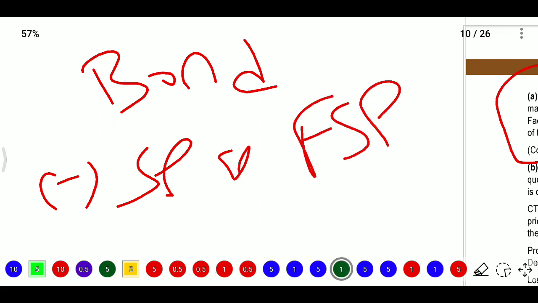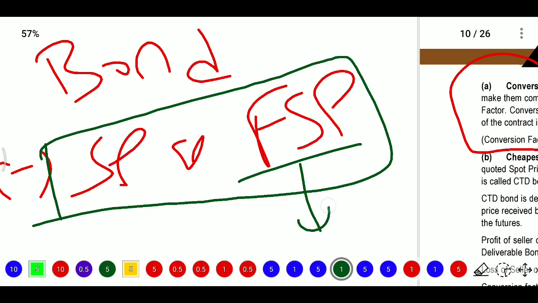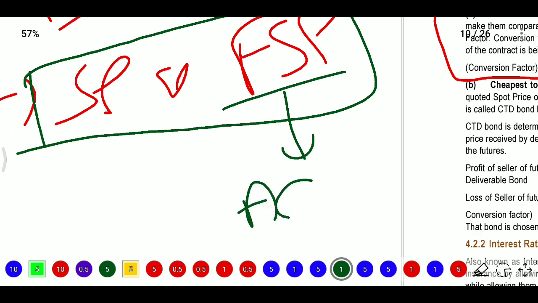You need to see the difference of these two, spot price and future settlement price. And this future settlement price is adjusted with the conversion factor provided by the RBI. You need to adjust for that conversion factor, and we will get the future settlement price.